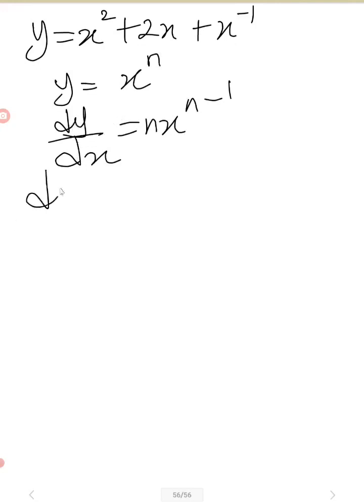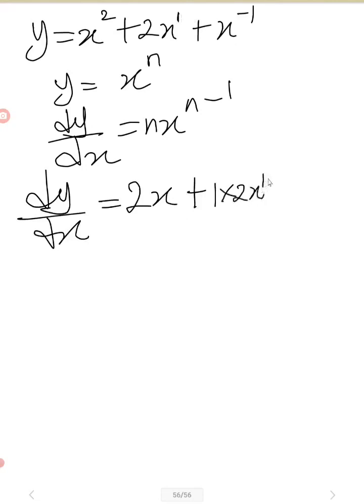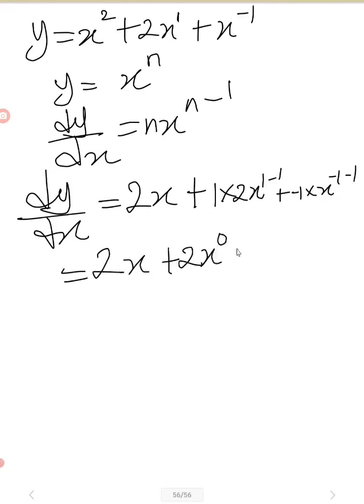So therefore, let's differentiate y with respect to x, which will give you 2x plus, this one raised to the power 1, so it will be 1 times x to the 1 minus 1, plus minus 1 times x to the minus 1 minus 1. So we have 2x plus 2x to the power 0, minus x to the power minus 2.